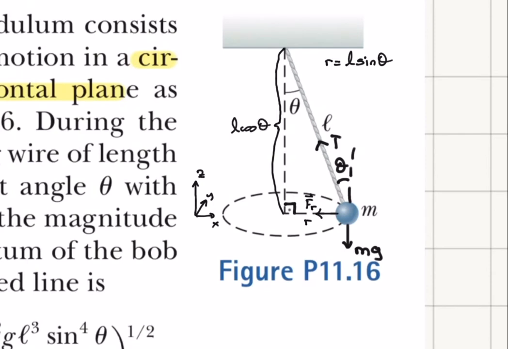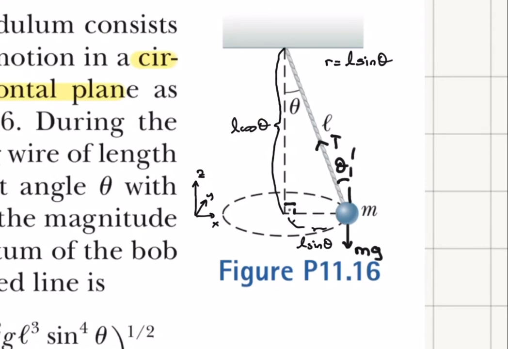Because this part, the distance to the support point, should be equal to L cosine theta, and this part should be equal to L sine theta. So tangent theta is equal to L sine theta divided by L cosine theta.